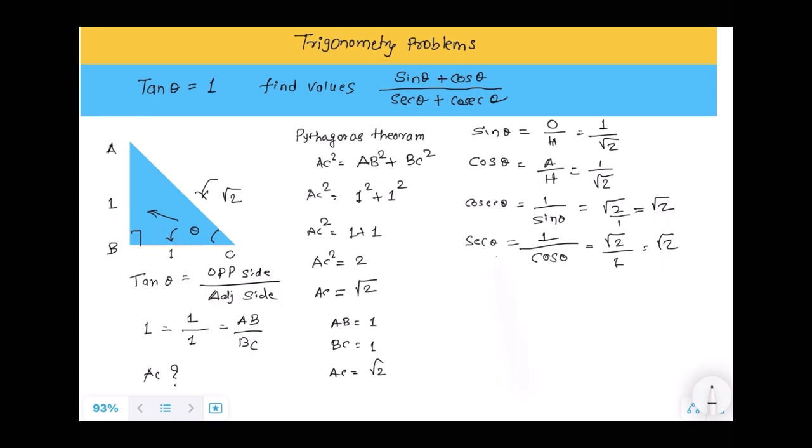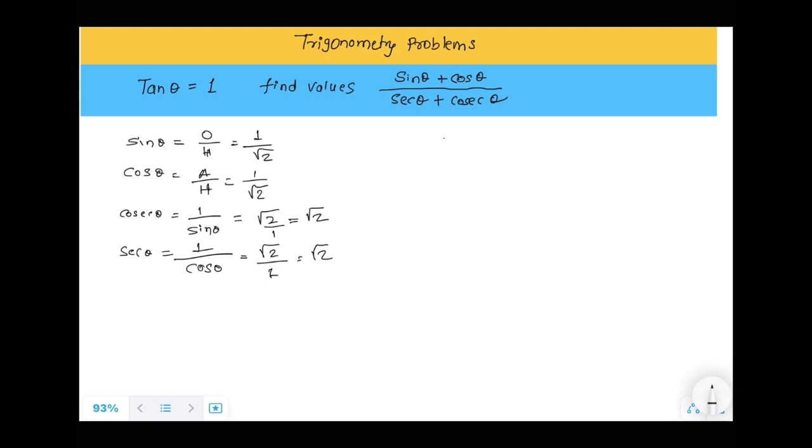What is sec theta? 1 upon cos theta. Again, square root of 2 upon 1, that is equal to square root of 2. Applying the definition of sec theta, which is hypotenuse upon adjacent side, we get the same result. Hypotenuse is square root of 2, adjacent side is 1. Let's put all these values into the equation.